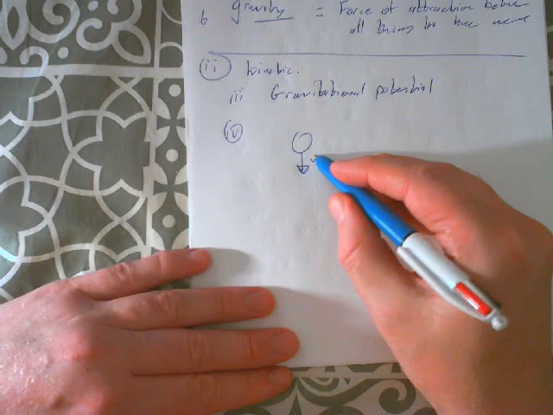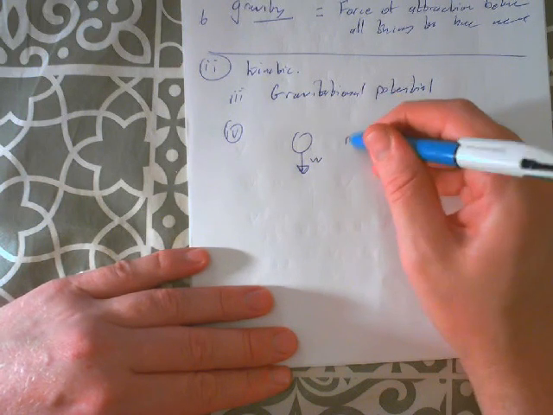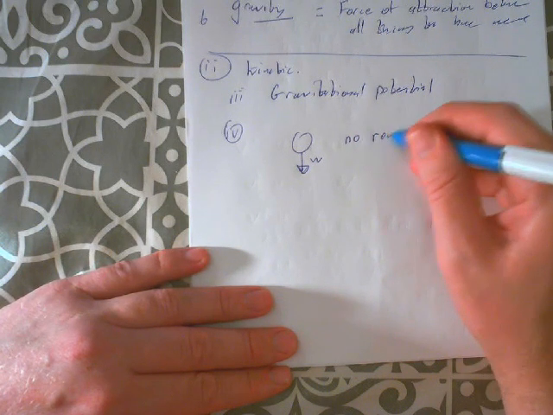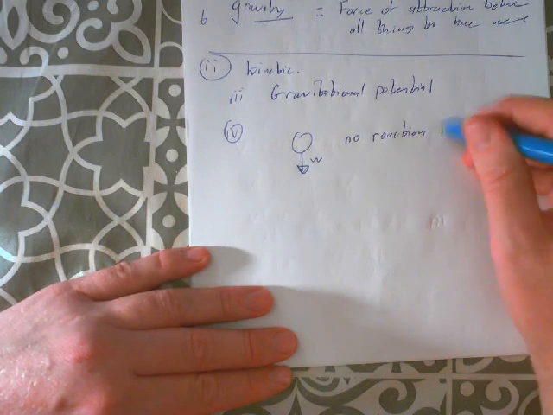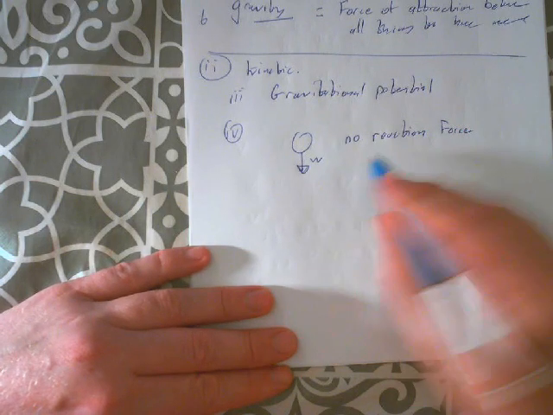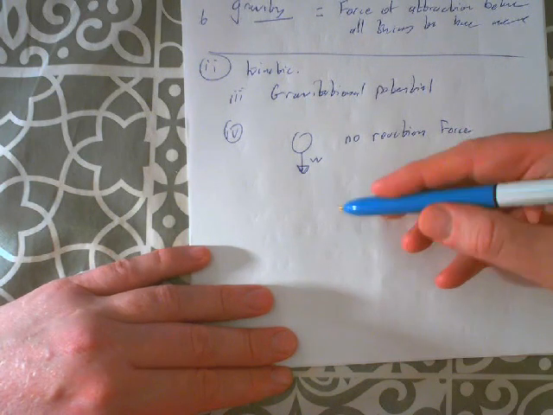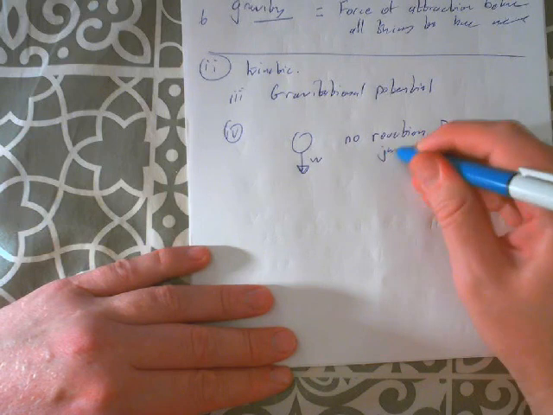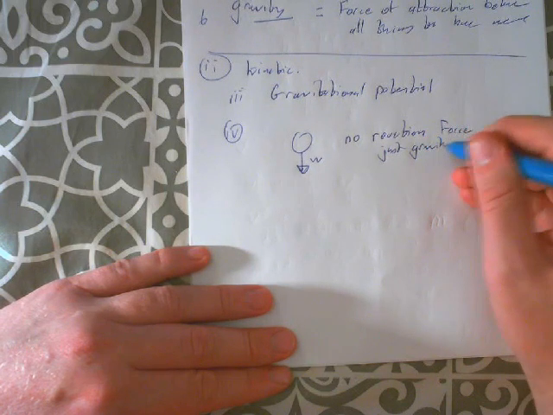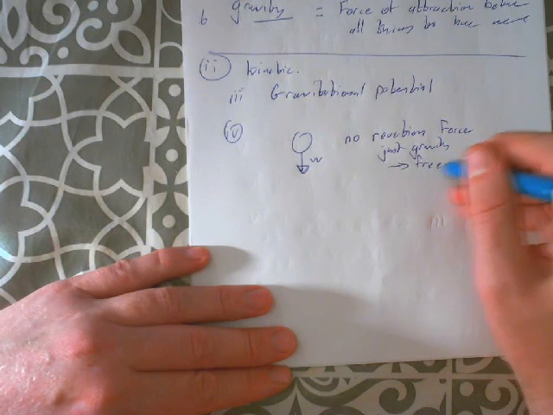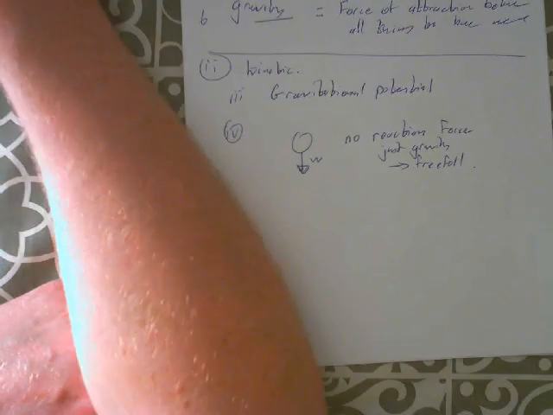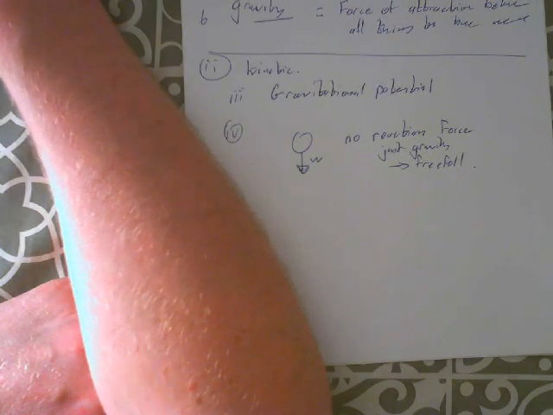So the reason for the apparent weightlessness is that there's no reaction force, no normal force between them. Sometimes we call it upthrust, but there's no force other than gravity, just gravity. That means that they are in free fall. Okay, that's part IV.